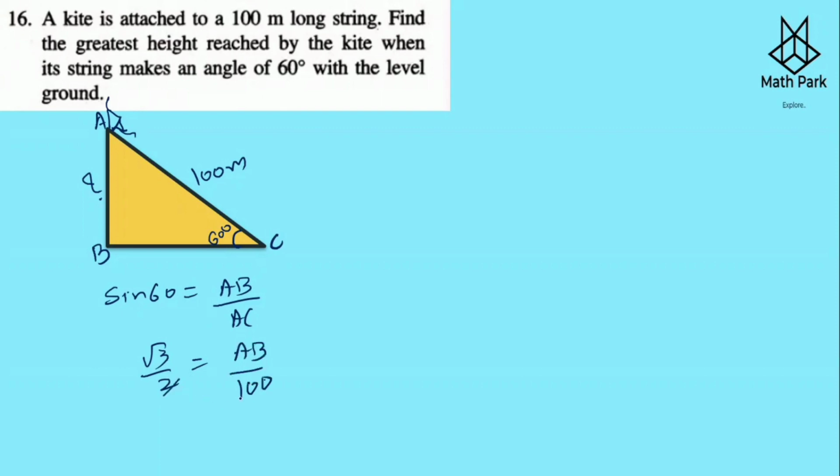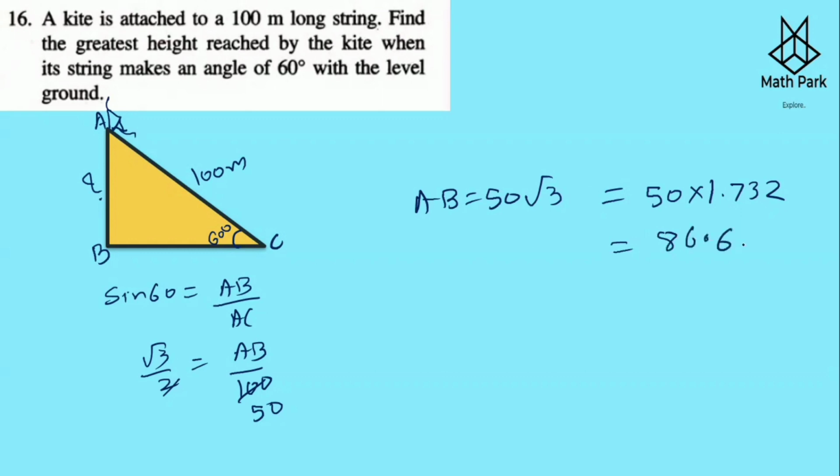So 2 ones are and 2 50s are, so you get AB is equal to 50 root 3. Root 3 is 1.732, so let us multiply 50 times 1.732. You get 86.6 meter as the height at which the kite is flying, the maximum height reached when the angle made is 60 degrees. Got it?